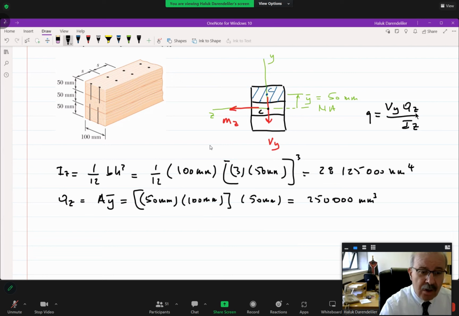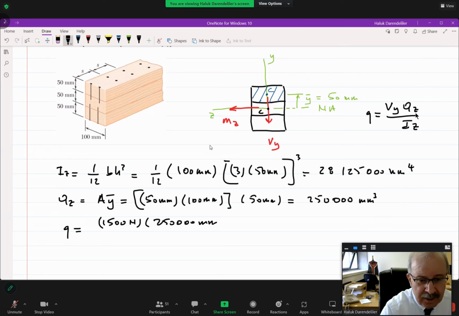So from here, I can calculate the shear flow q. The shear flow q is Vy, which is the shear force applied, times Qz. I am using the magnitude of Qz, although it's positive here, 250,000. Okay.